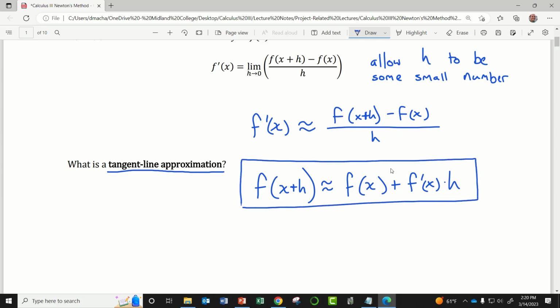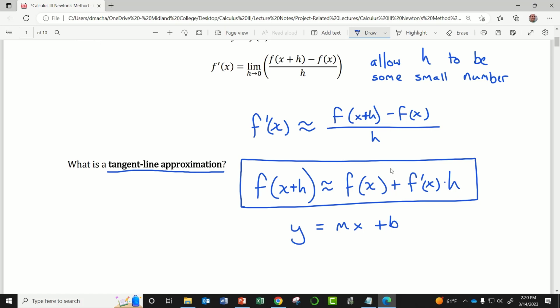This right here is the formula for a line, right? You've seen the slope-intercept formula for a line, y equals mx plus b. What I'm trying to approximate is the value of my function at the point x plus h, and my slope is going to be this derivative. That's the slope of the tangent line.